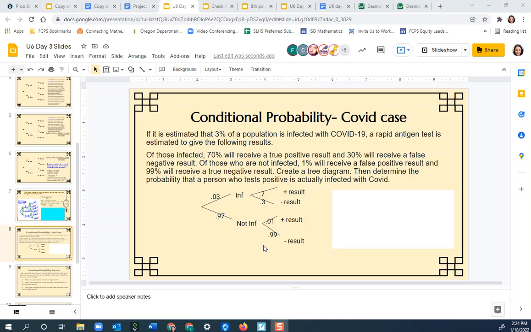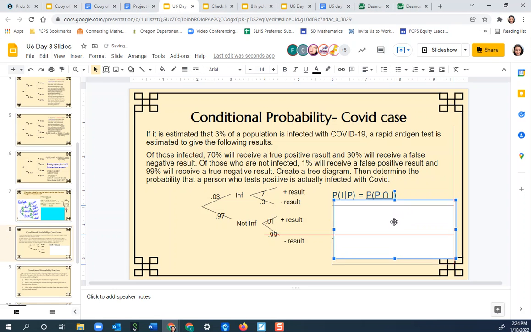And that means 97% is not infected. Of those infected, 70% will get a true positive result and 30% get a false negative. Of those not infected, 1% get a false positive and 99% get a false negative. So it says create a tree diagram and determine the probability that a person who tests positive actually has COVID.